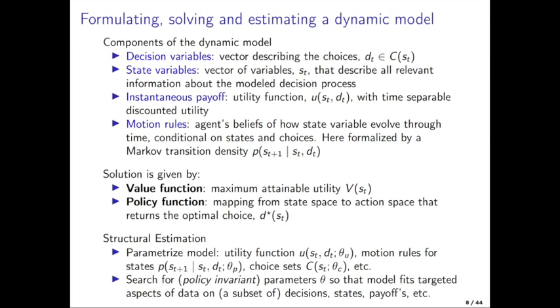Then the choice set C can actually depend on the state variables. Like, for instance, you think of a life cycle model, where at some point you don't have the decision to get children anymore because it's just not possible. So it will drop out of the choice set, right? As you age, for instance. Okay, so this could be state dependent.